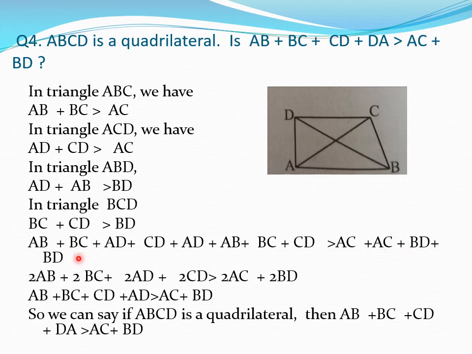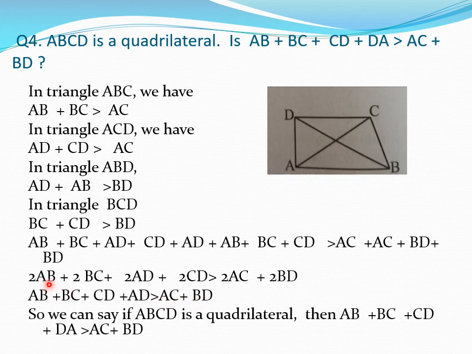BD plus BD, that also we have 2 times. So we write here 2AC plus 2BD. Now see the statement, children, everywhere we have 2. So 2 is common, so we are dividing the statement on both sides by 2. So we are now getting AB plus BC plus CD plus AD greater than AC plus BD.